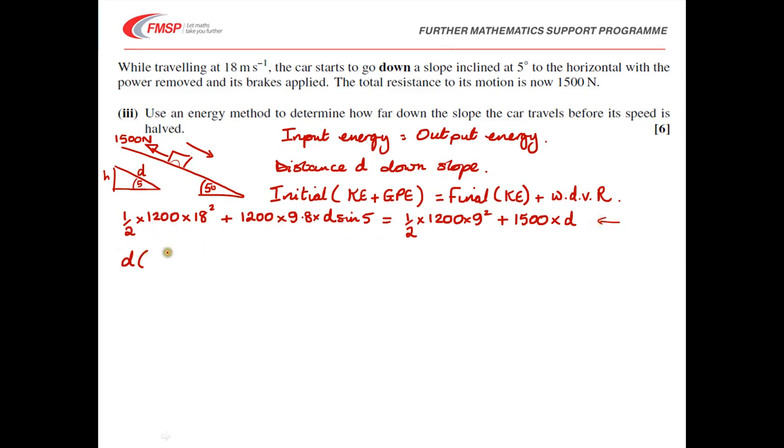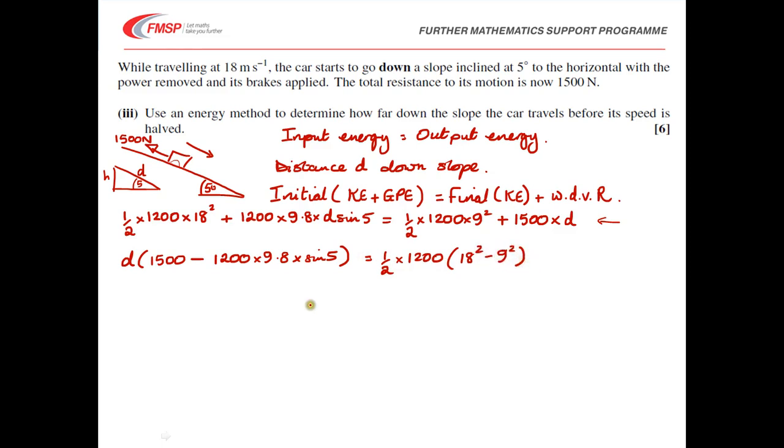So that's going to give me d times 1,500 minus 1,200 times 9.8 times sine 5. And on the other side we're going to have half times 1,200 times 18 squared minus 9 squared.